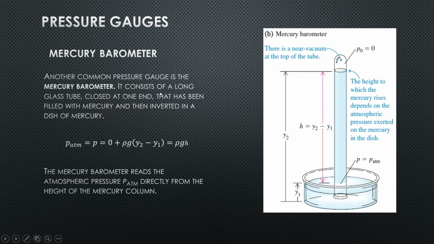It consists of a long glass tube as shown in the figure, closed at one end, that has been filled with mercury and then inverted in a dish of mercury. Atmospheric pressure can also be the absolute pressure, which will be equal to the gauge pressure.